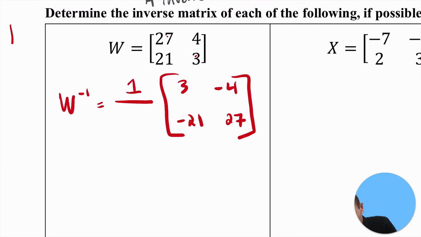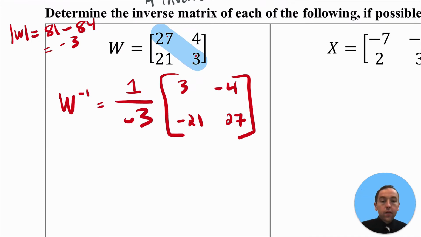To find the determinant of W, you take the product of the main diagonal and then subtract away the product of the other diagonal. So I do 27 times 3, which is 81, and then 4 times 21, which is 84, and then we subtract, and we end up getting -3. So that -3 becomes the denominator there.